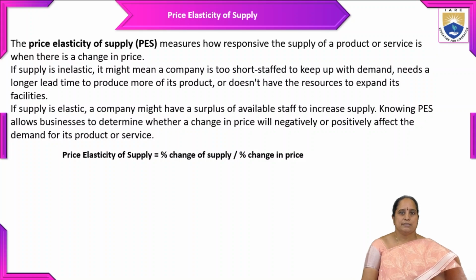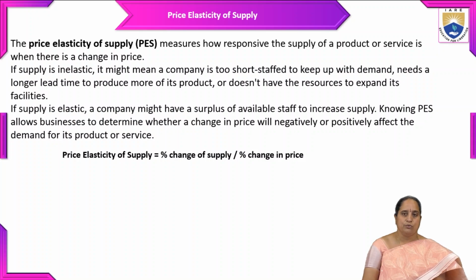If supply is elastic, a company might have a surplus of available staff to increase supply. Knowing PES allows businesses to determine whether a change in price will negatively or positively affect the supply of its product or service.